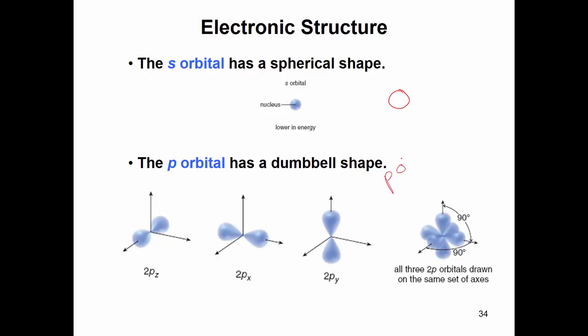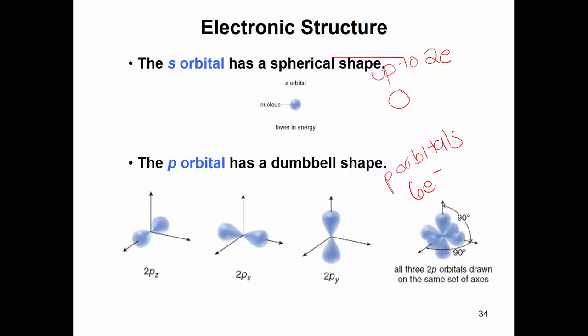So p orbitals can hold up to 6 electrons. An s orbital can hold up to only 2, because there's only one of those. If you put all the p orbitals on top of each other, this is what they would look like on the same set of axes.